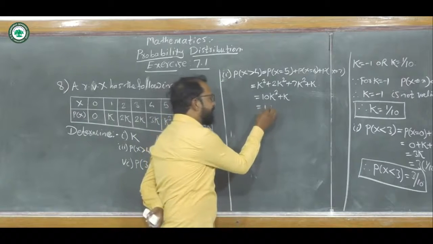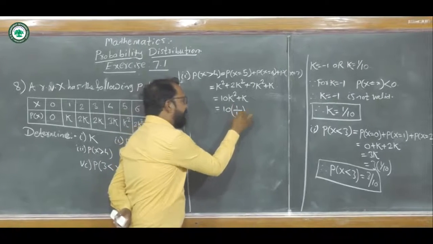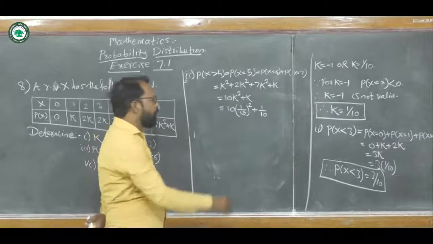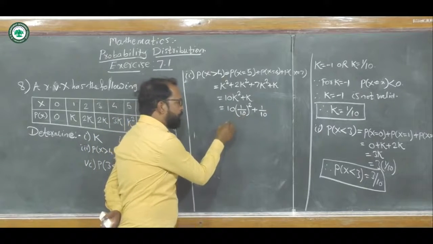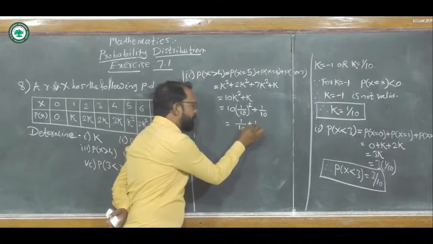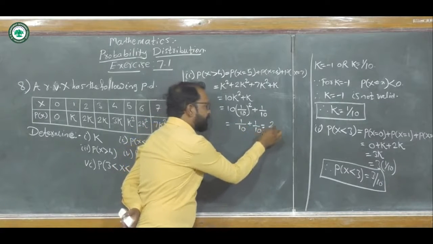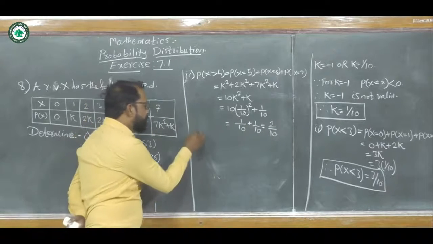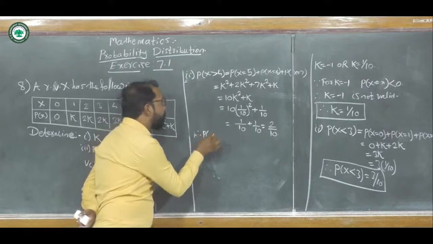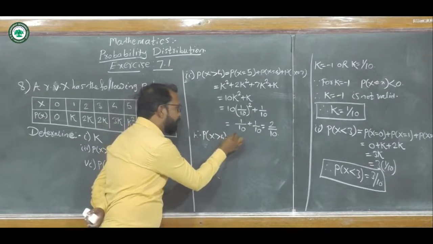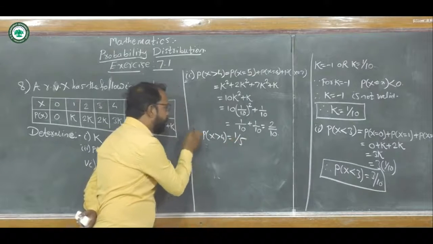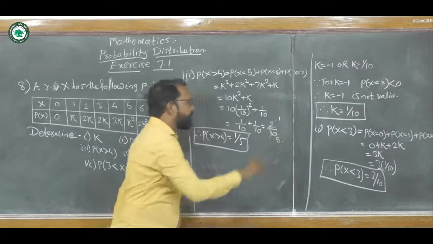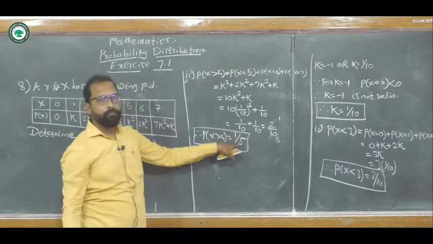So it becomes 10 into 1 upon 10 square plus 1 upon 10. Now the 10 gets cancelled here, so we get 1 upon 10 plus 1 upon 10, that is 2 by 10. Finally, the probability of x greater than 4 is 1 upon 5 when we divide by 2.